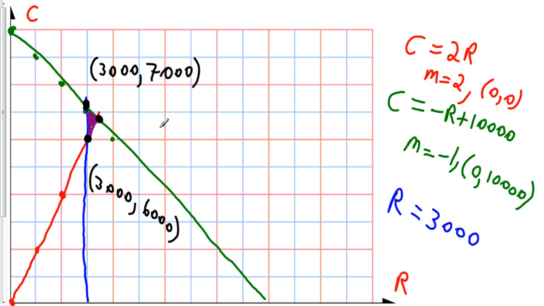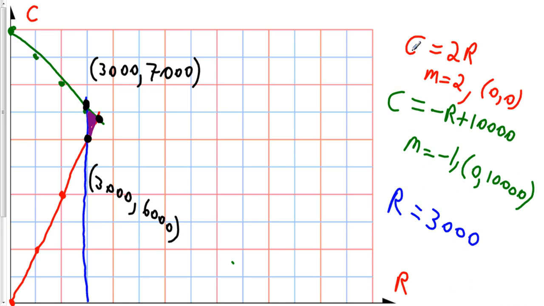All right, the last one I need to find is this intersection right here, the intersection of the green and the red. So we need to know where these two equations intersect. Let's use the method called substitution.